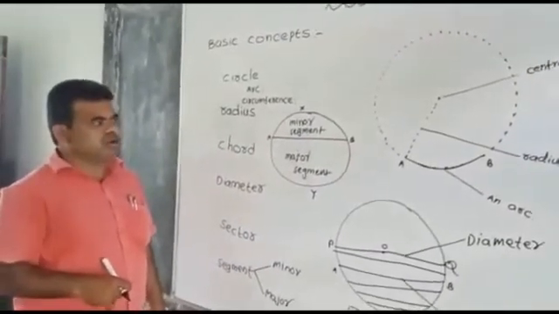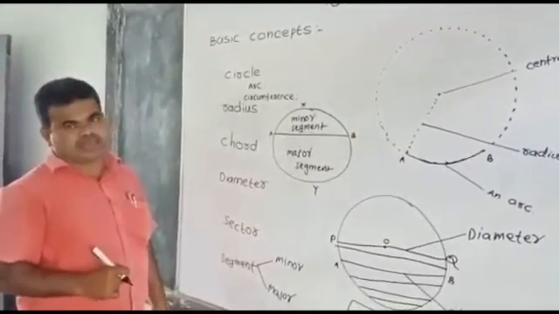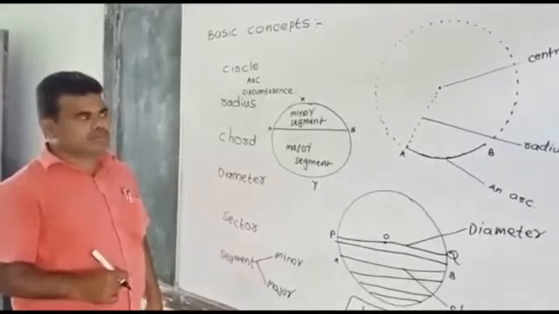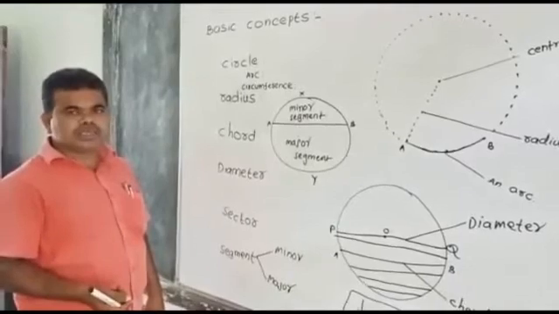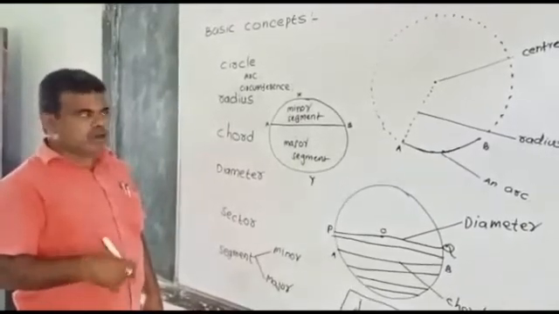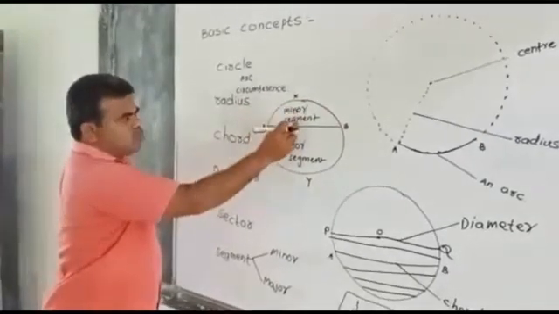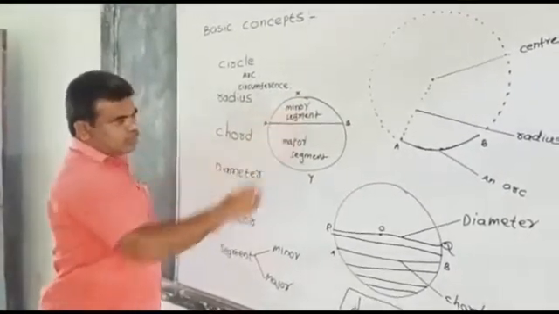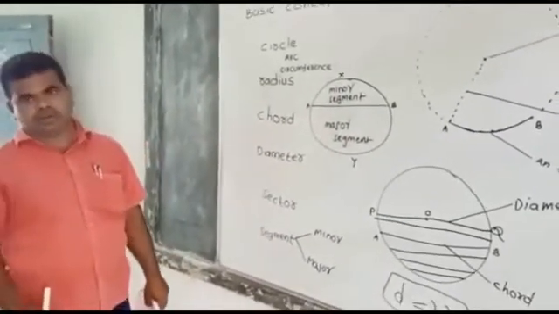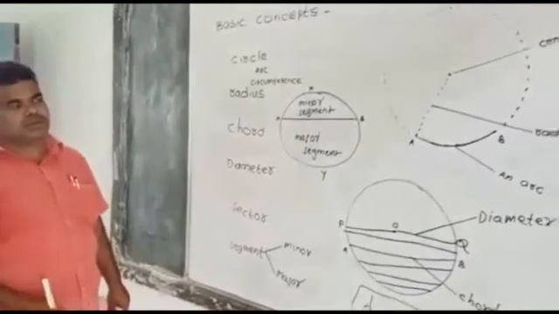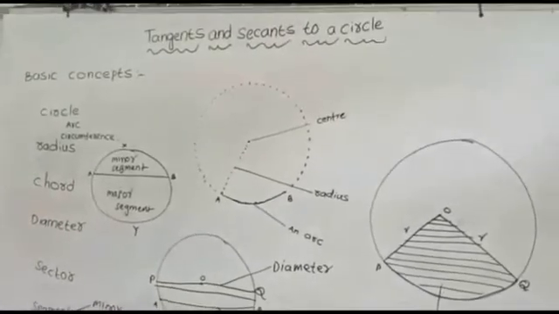The combination of an arc and a chord is known as a segment of a circle. If the corresponding arc is major, that is the major segment. If the corresponding arc is minor, that is the minor segment. These are the important basic concepts to understand tangent and secant to a circle.